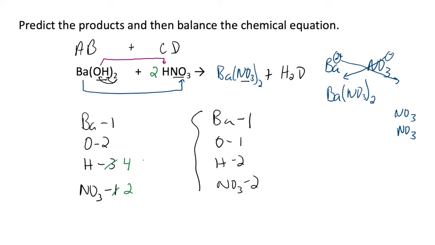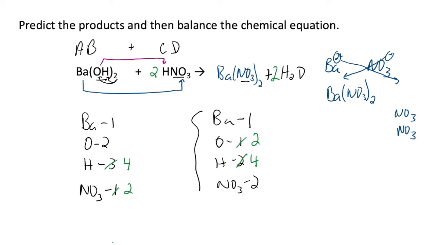My next step, since I have 4 hydrogens on one side and 2 on the other, I'm going to go ahead and balance the hydrogens on my products by adding a coefficient of 2 in front of water, which will change the hydrogens from 2 to 4, and it will also change my oxygens to 2. The good thing about doing that is that it balanced the oxygens on both sides. The barium is already balanced.